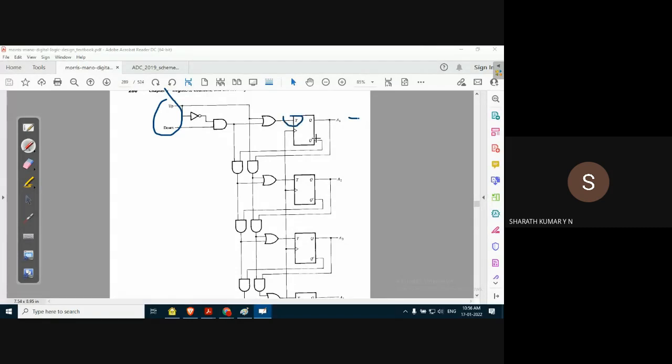Anyway, I'll take this up in the next class, because we need to consider the up and down counter, as we are designing both up and down counters. The input stage slightly changes because of this. I'll continue the discussion of the BCD synchronous up and down counter using T flip-flop.